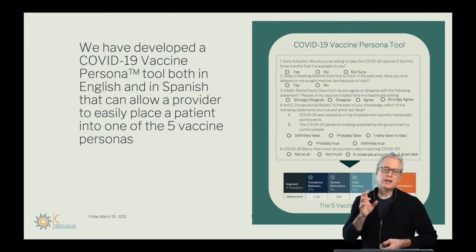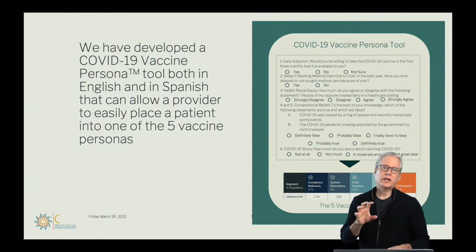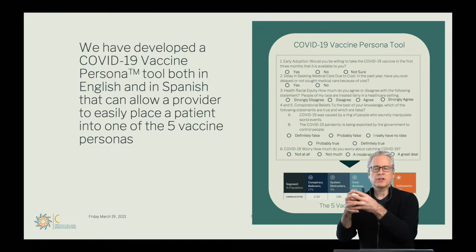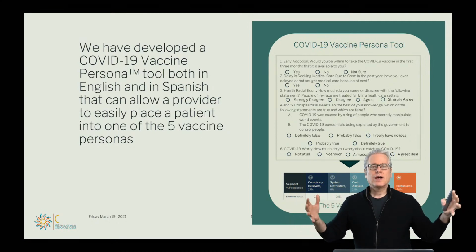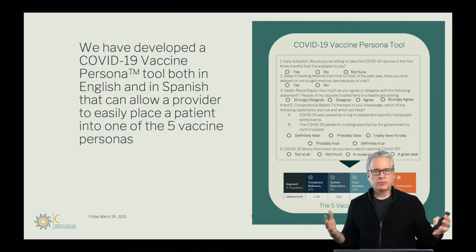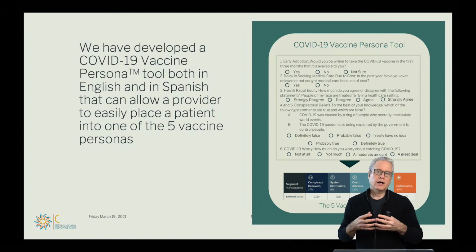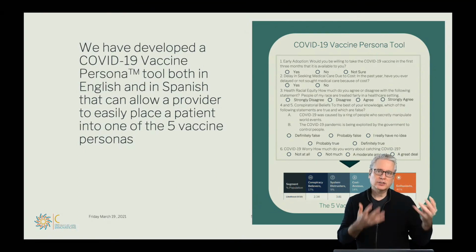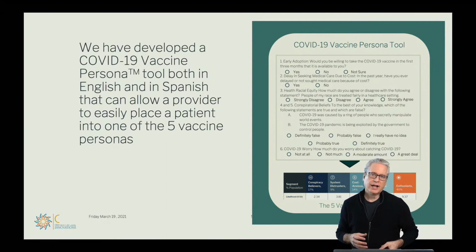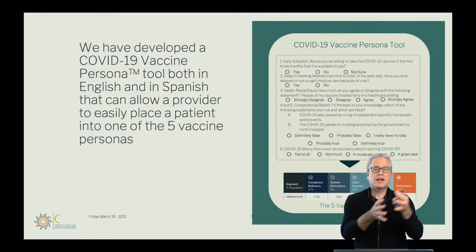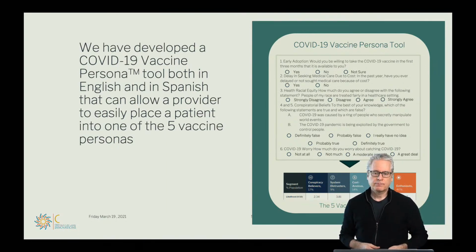So they looked at how could we create a series of questions that could help us understand the different attitudes and ideas around vaccination, and then use that to create solutions or directions for providers on how they can better serve the people with the different attitudes towards vaccine.